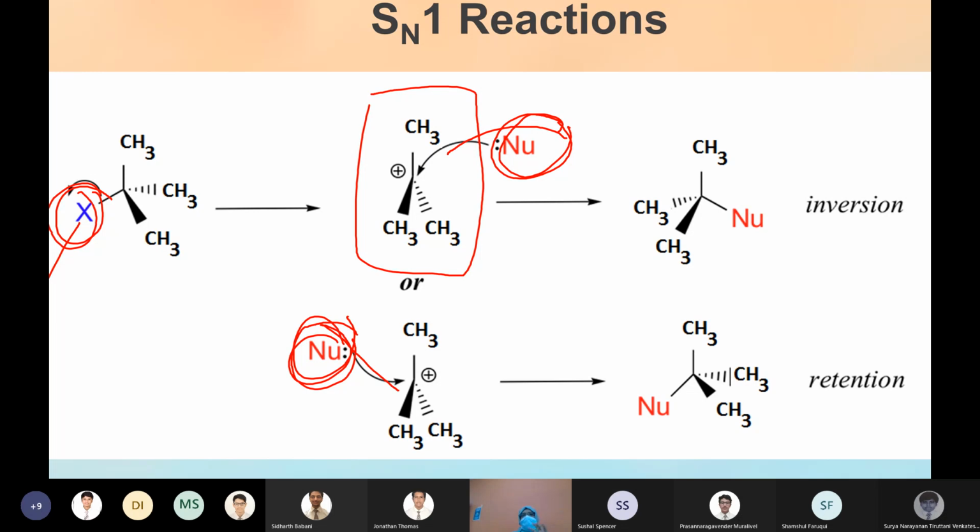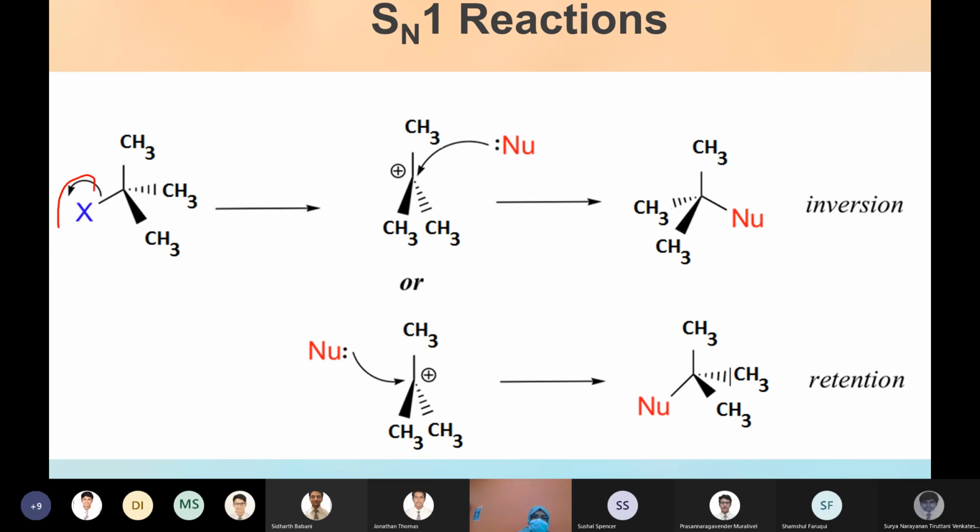So you are getting a mix of product because some of the nucleophile will attack the carbocation from the same side of the leaving group, and some other nucleophile will attack from the opposite side.